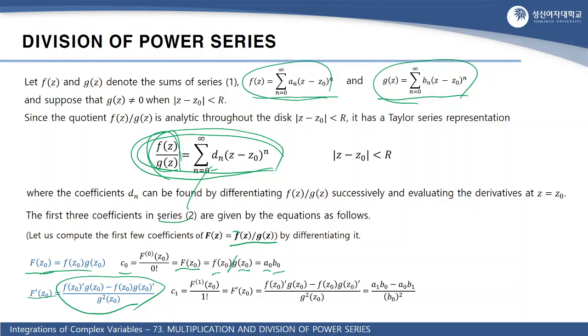We need to divide by 1 factorial here, but 1 factorial is 1, so we just get the first derivative F prime(z0). Then we know that f prime(z0) is a1, g(z0) is b0, f(z0) is a0, and g prime(z0) is b1. So we get a1 times b0 minus a0 times b1, divided by b0 squared for the denominator. So we get this.